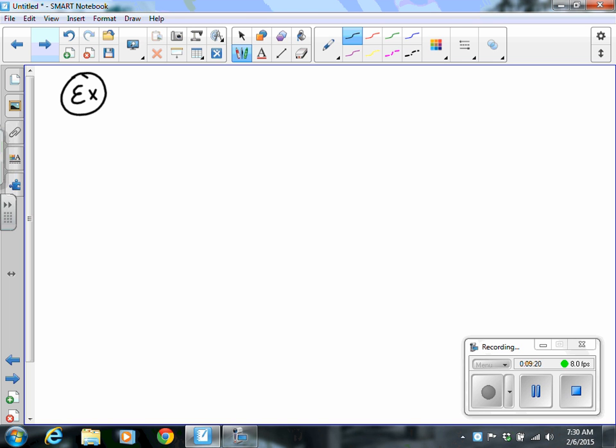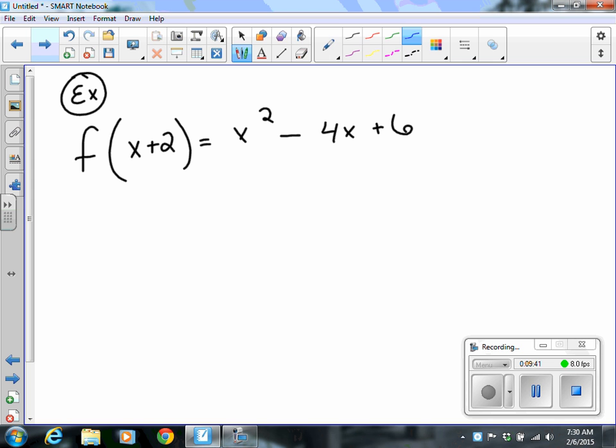We've kind of done this before. We did it with numbers though, so it's a little bit different. So what this means, let's talk about what a function is. A function is basically the same thing as when we have a y equals, except with a function, we know that we cannot have two different y values for the same x.